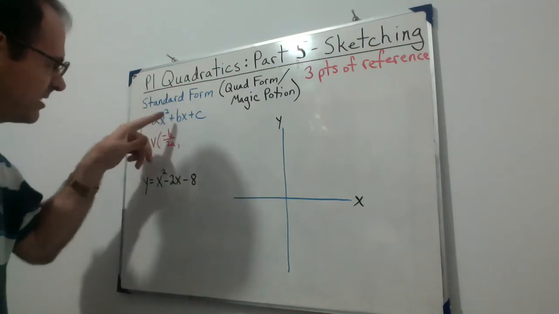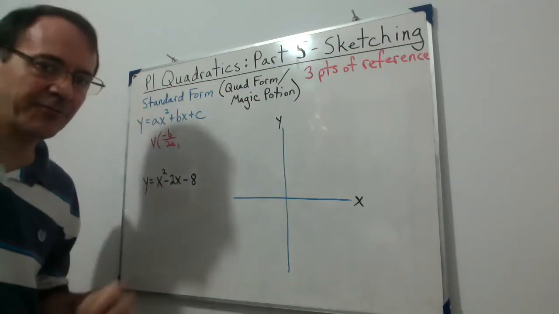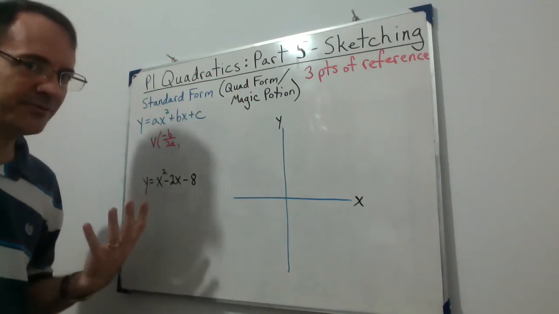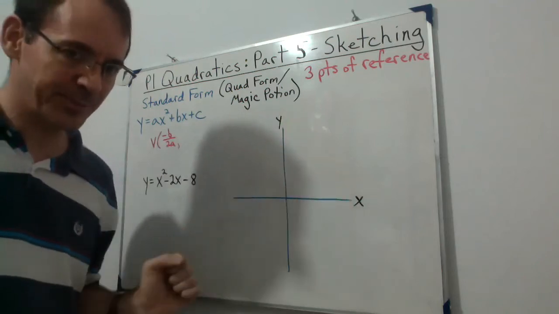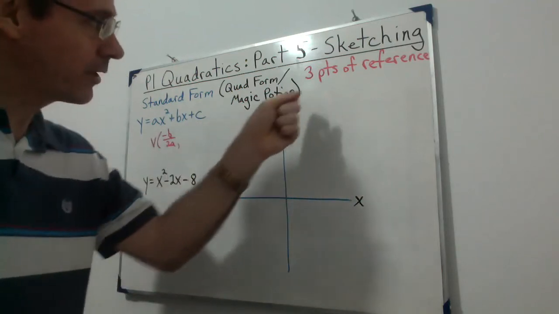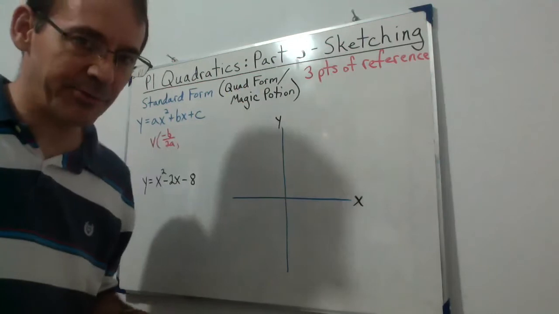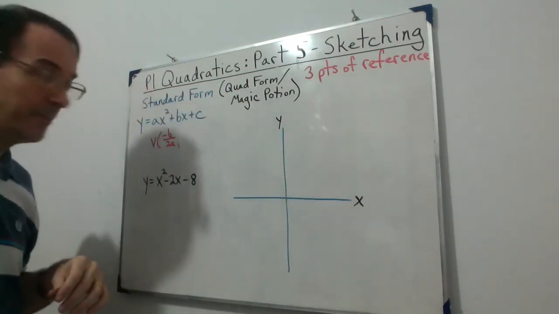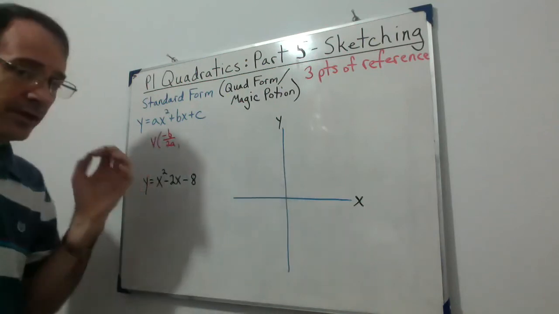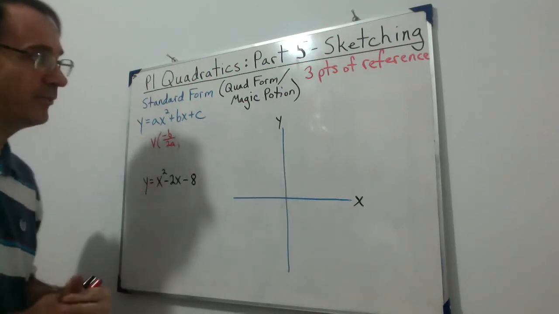y equals ax squared plus bx plus c. Unfortunately, it doesn't give us much of anything as far as graph interpretation. So we're going to have to work a little bit for our 3 points of reference, because this is the least helpful form. But there is a starting point that we have.